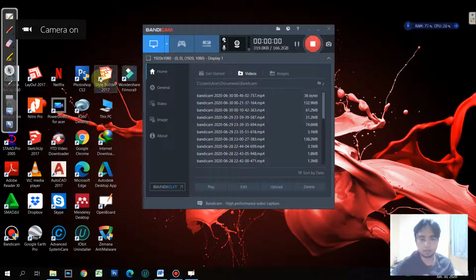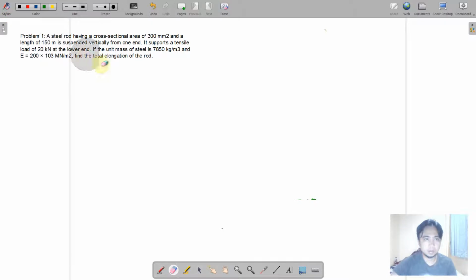Now let us proceed to the next problem. For the next problem, we are now dealing with axial deformation. So we have here axial deformation.